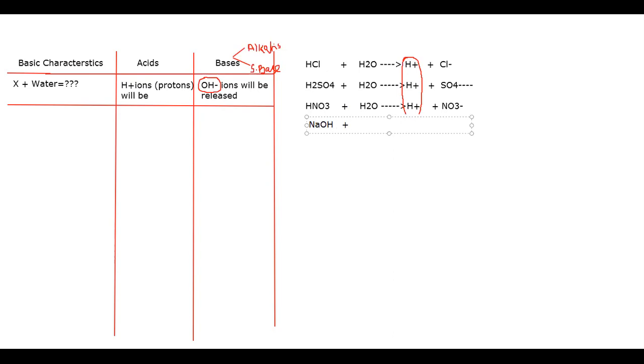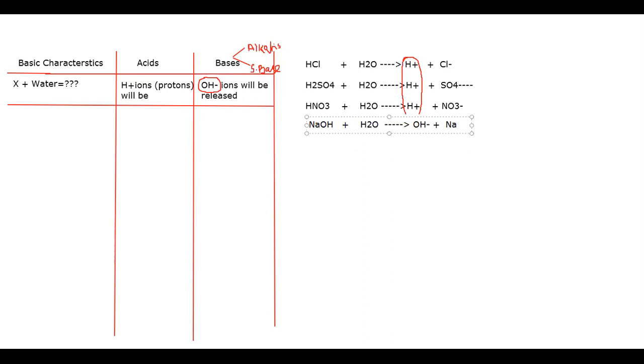When sodium hydroxide is dissolved in water, what will happen? It will form OH negative ion, and along with that, sodium ion is also released. What is the formula of sodium ion?